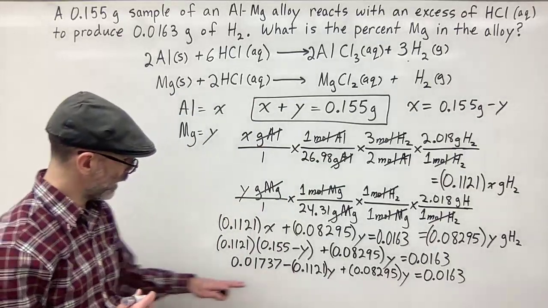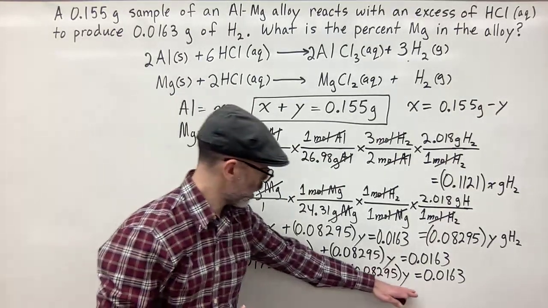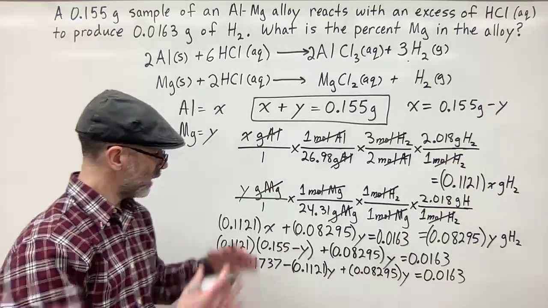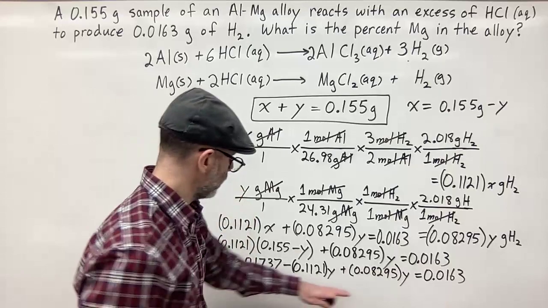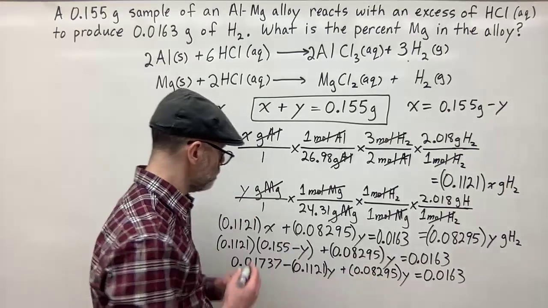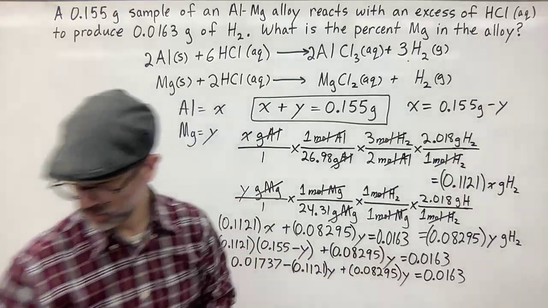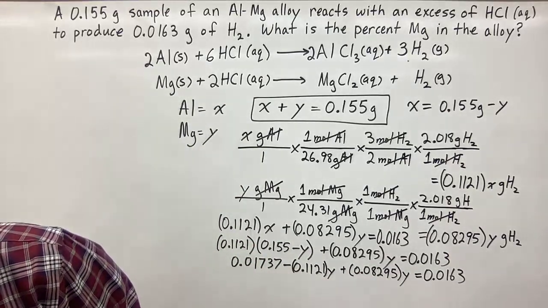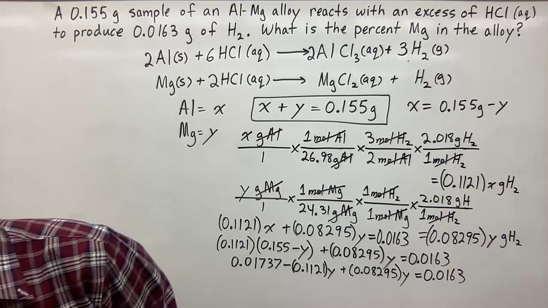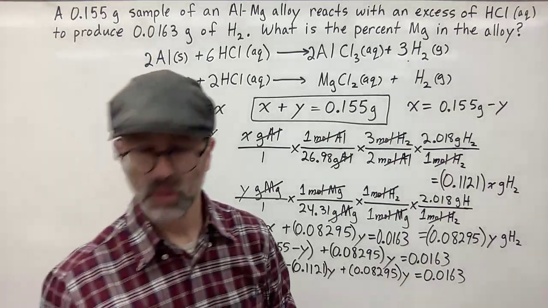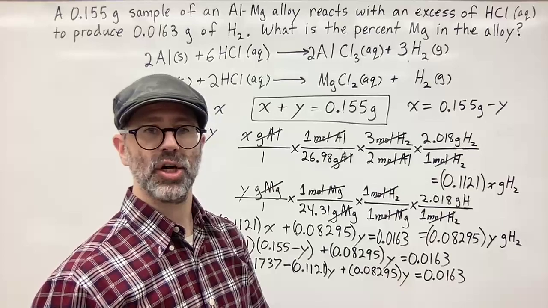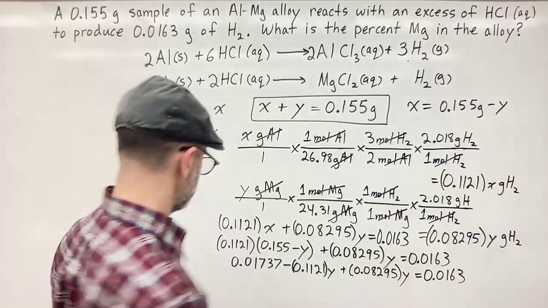Okay, so now that I have this Y and this Y, I'm going to add these two like terms together so that I have one term with Y. So I'm going to take this and subtract this. I'm going to get a negative here. And when I do that, I get negative 0.02915.